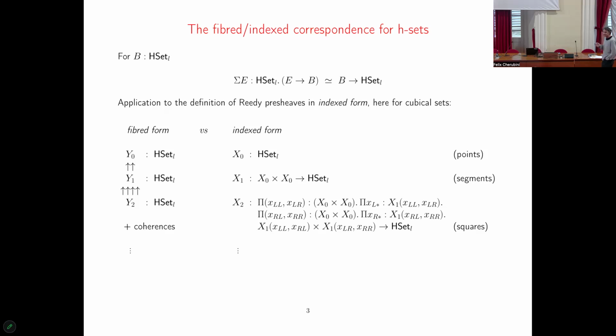So Thorsten likes to call it the fiber-index correspondence for dummies. Here it's a version just for h-sets, where you take either a fibered representation or a dependent representation. You can prove these to be equivalent.